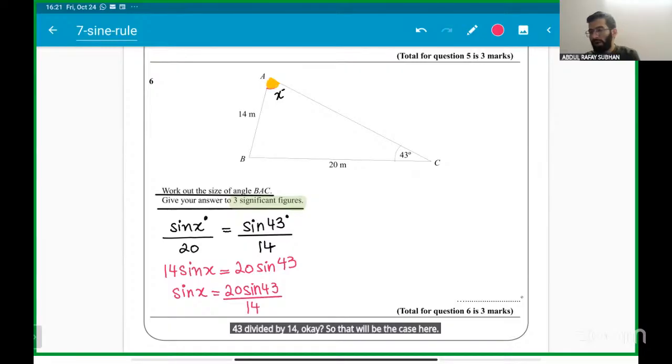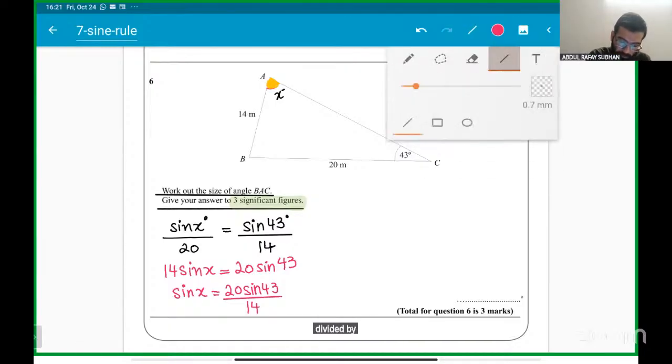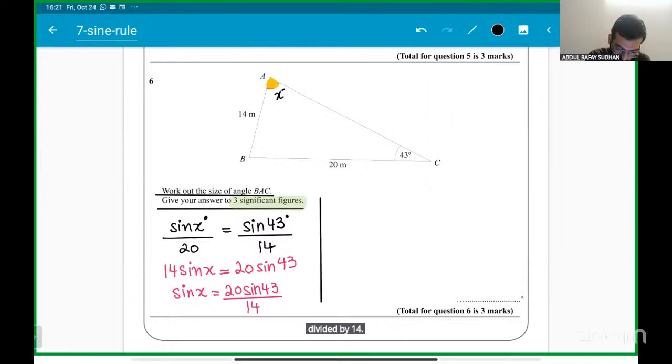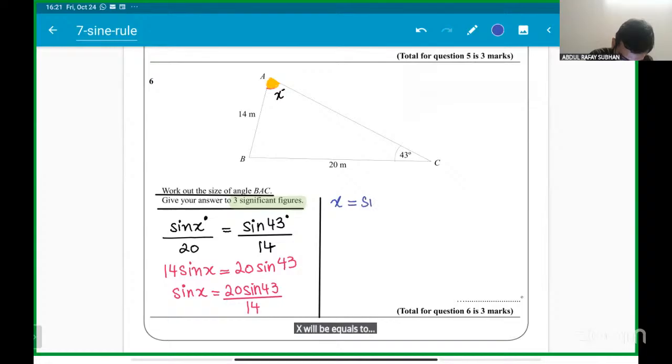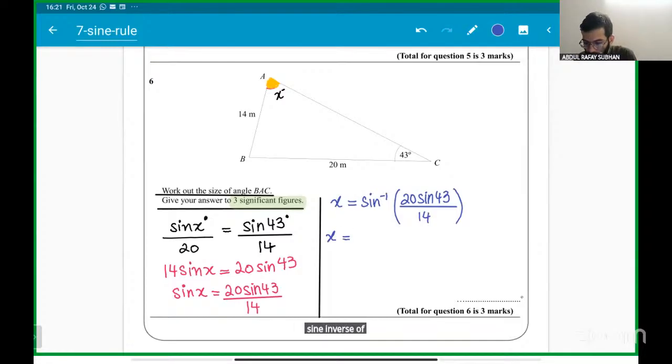Sine x equals 20 sine 43 divided by 14. And then x equals sine inverse of 20 sine 43 divided by 14. Make sure the calculator is in degrees mode.